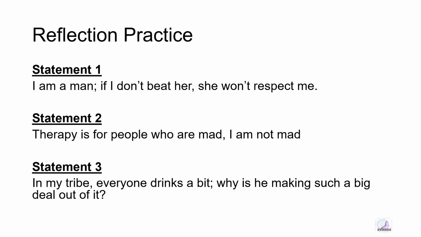If I don't beat her, she won't respect me. How will you reflect? How will you give autonomy? How will you reframe? If you have to evoke using an open-ended question, what would you say?